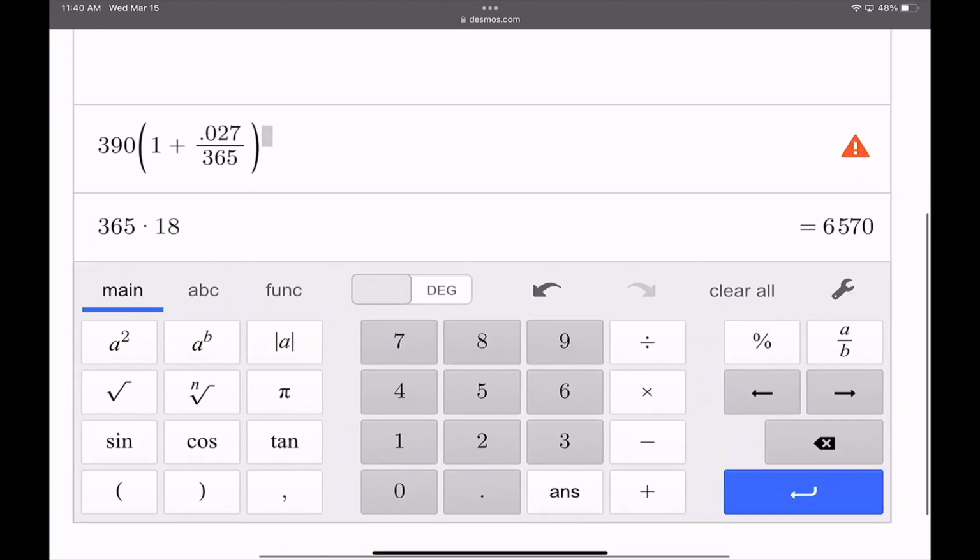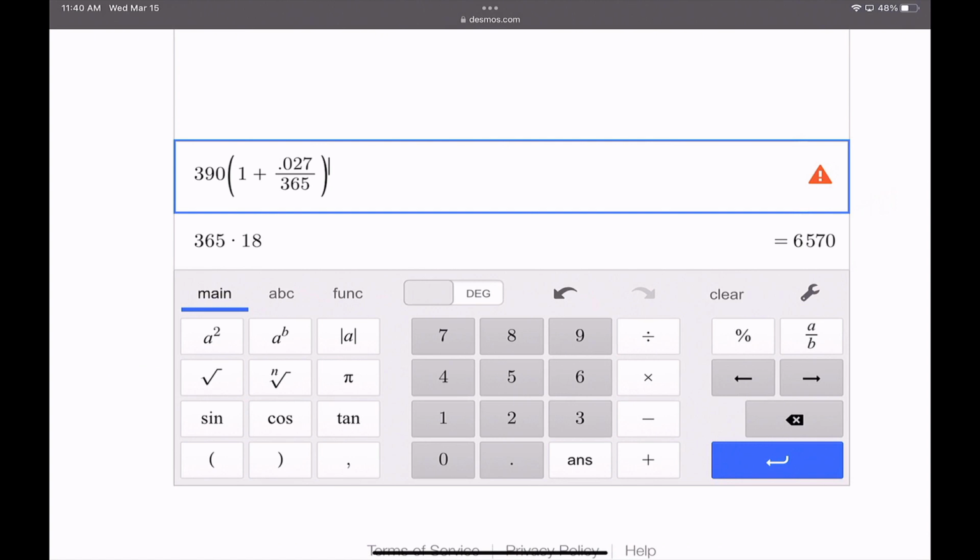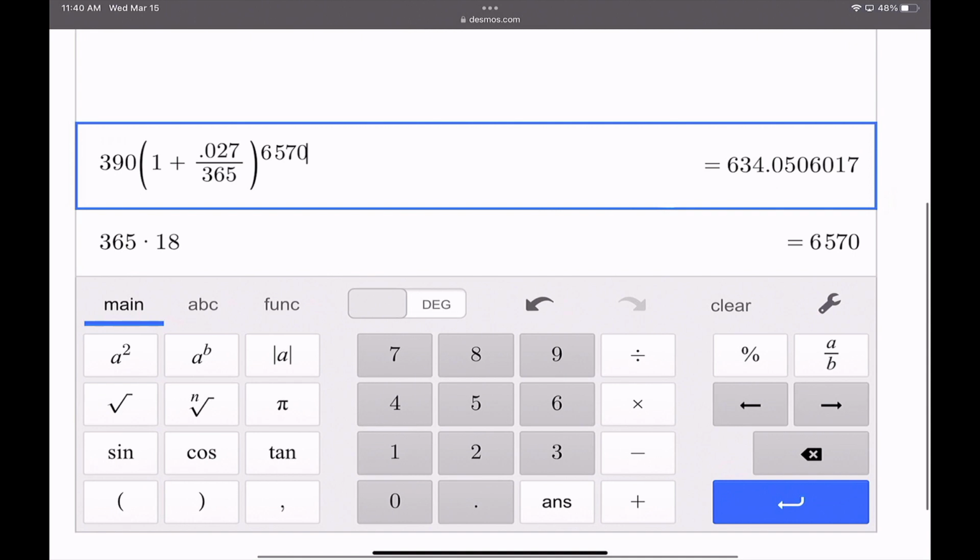Do that first, and then move the power to the top. 6570. Okay? So do the power first, and then plug it in, so that the calculator will give you an answer instead of giving you the wrong answer. Okay?